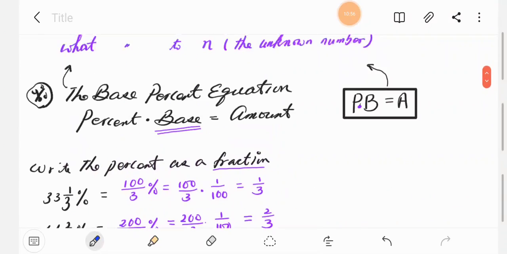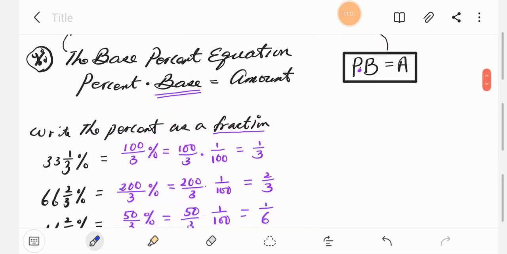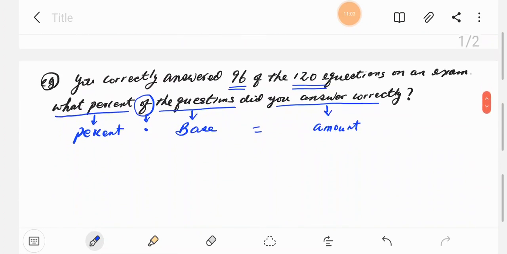So PBA is an equation. What percent we don't know, so let's make it n, right? And the base is the total number of questions, 120. So that should be equal to the amount.